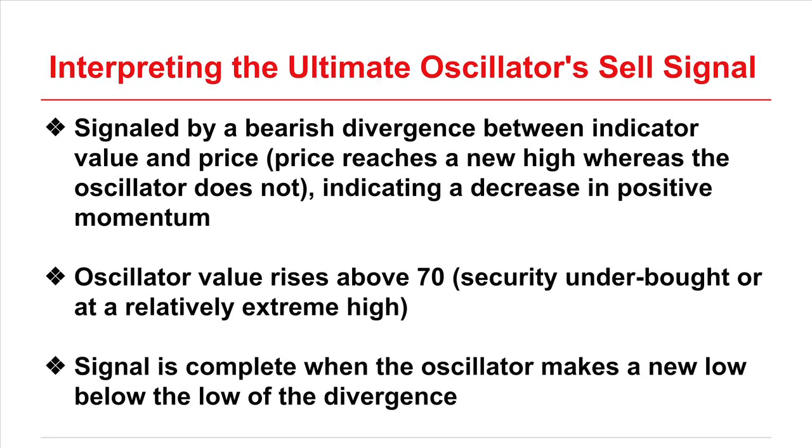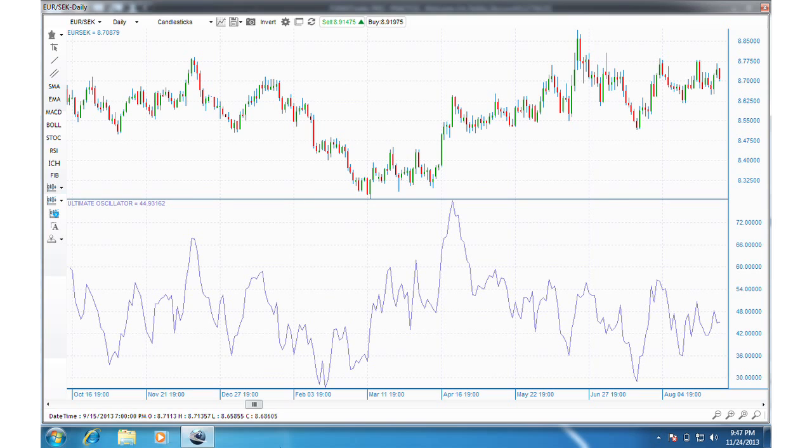So the second step of the sell signal is that the oscillator value rises above 70 during the divergence, and the signal is complete when the oscillator makes a new low below the low of the divergence.